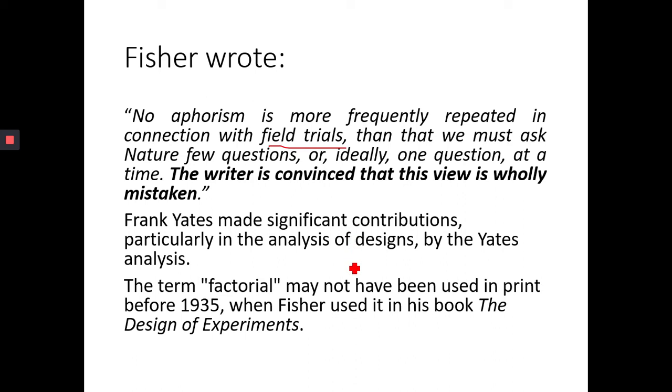The writer is convinced that this view is wholly mistaken. The boldness is mine, I'm the one who highlighted. What is Fisher saying? Fisher is simply saying the idea of investigating one factor in a single experiment, and then moving on to the other, and then moving on to the other, is a complete mistake in biological experimentation.